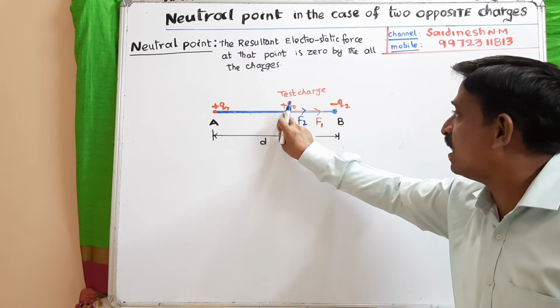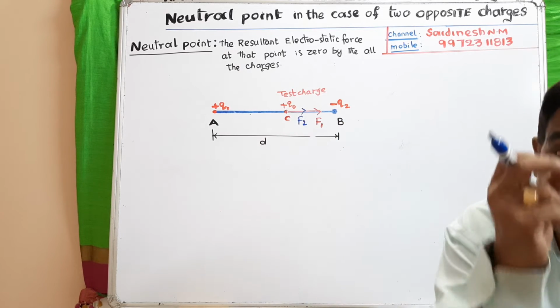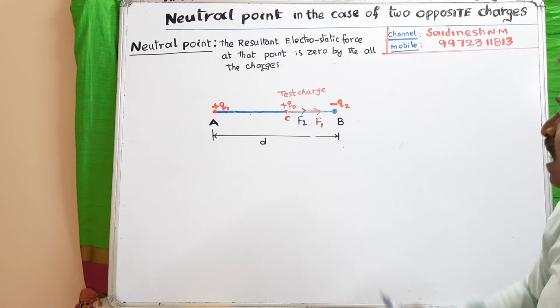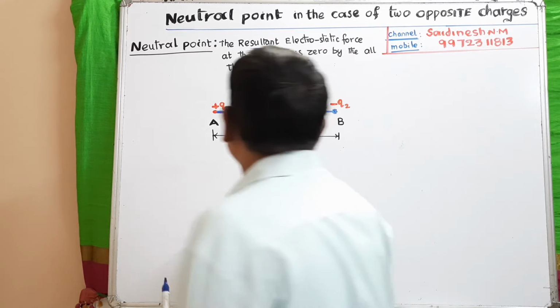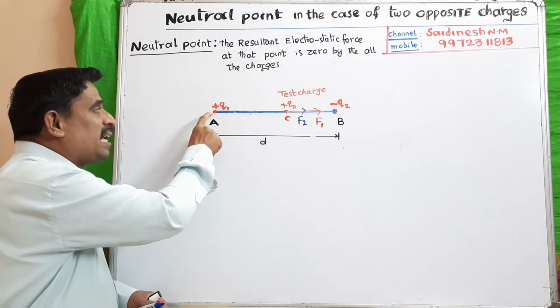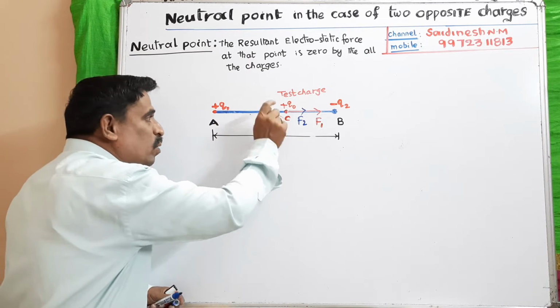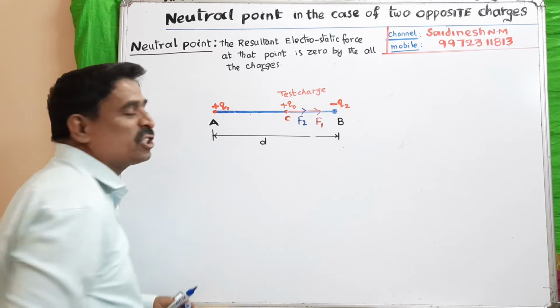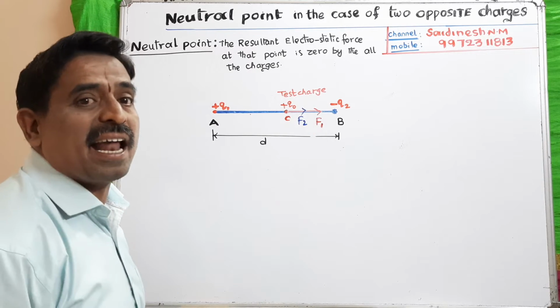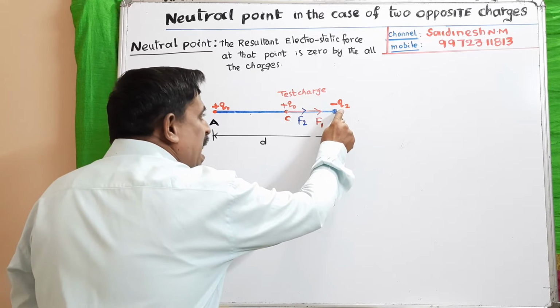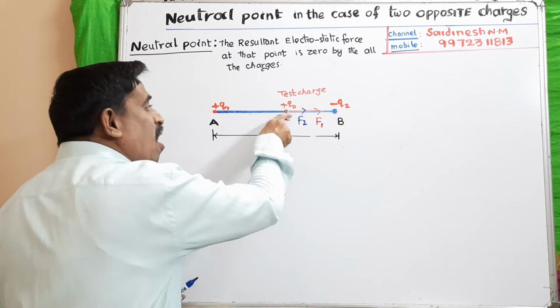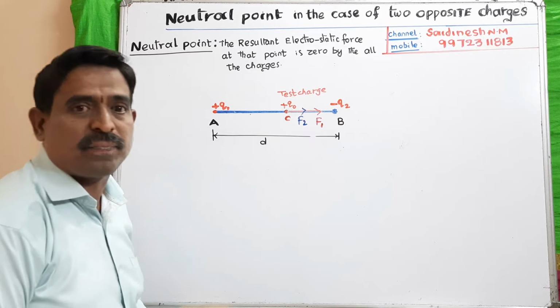At this point C, where we are assuming the null point, two forces are acting. One force is acting between Q1 and Q0 along the AC direction. Another electrostatic force is acting between the minus Q2 and Q0 along the CB direction.